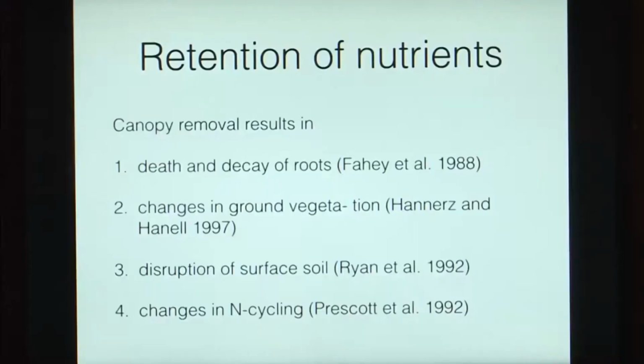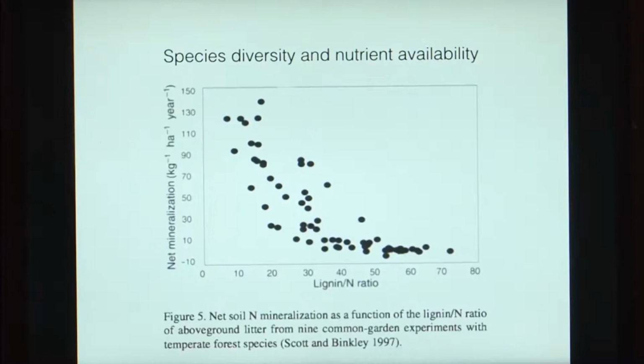Also, when you have removed this canopy, all the nutrients that are there in the topsoil will further get leached down. It also results in changes in nitrogen cycling. So, this is one curve from a paper which shows the net soil nitrogen mineralization as a function of lignin by nitrogen ratio of above ground litter from 9 common garden experiments with temperate forest species.